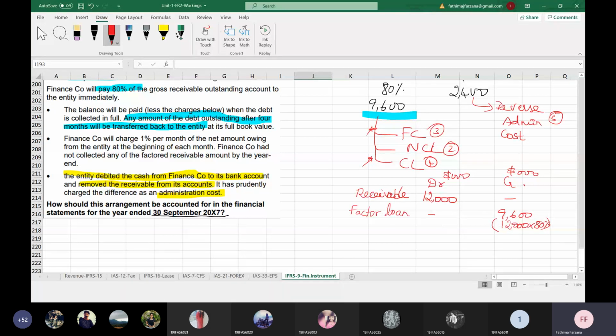Number 3: I borrowed a loan, so I have to pay what? Interest. Very good, so I can call it finance cost. How much is the interest? 1% of 9,600, which is 96. It's an expense, so I'll write it here.